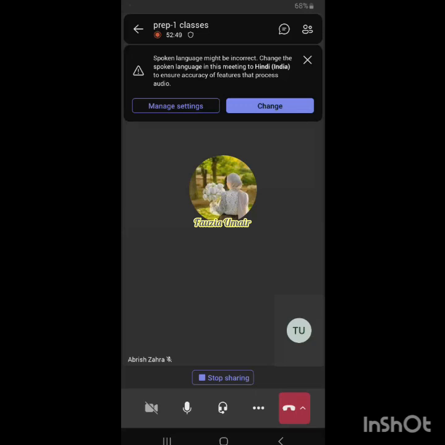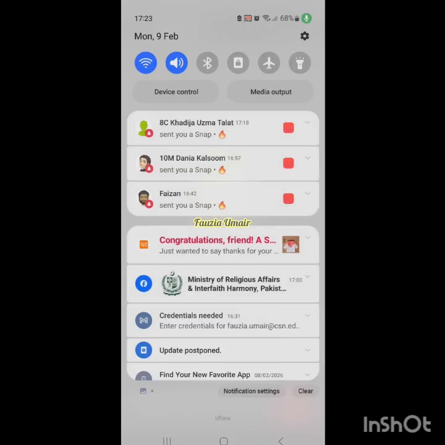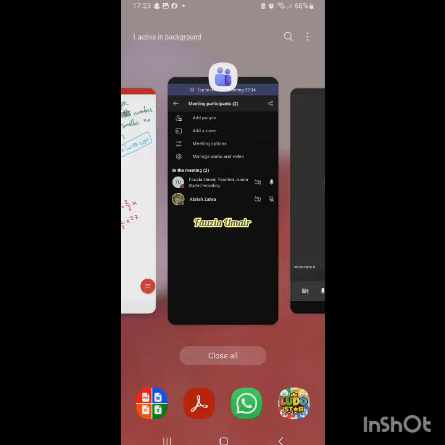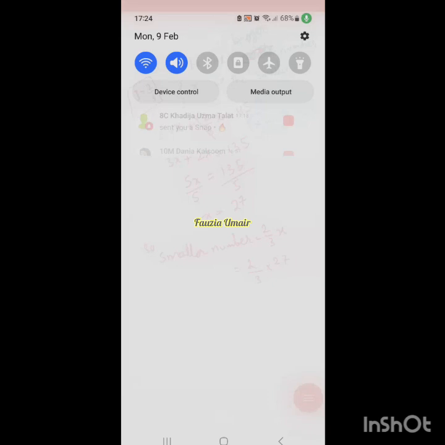Can you see the screen? Yes. All right. So now can you see the whiteboard? Can you see the whiteboard now, Abrish? No, ma'am, just the screen is visible. Not any whiteboard. So is it the black screen? No, now it is visible. Now it is visible. All right.